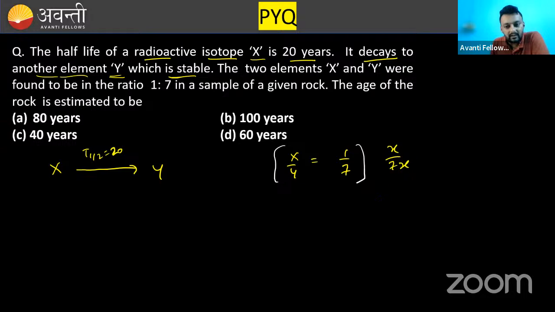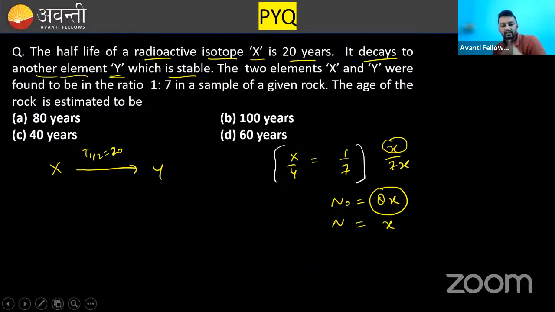So total were 8X. Initially, when the rock was made, there were 8X elements. Now there is only X elements of X. Initially, N naught is 8X and the final element of X is this one. The ratio of N over N naught is 1/8.